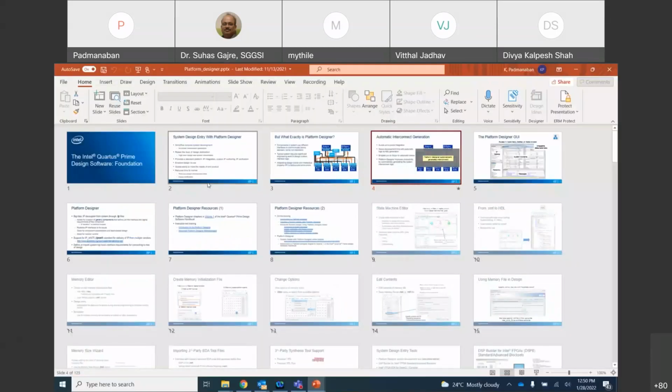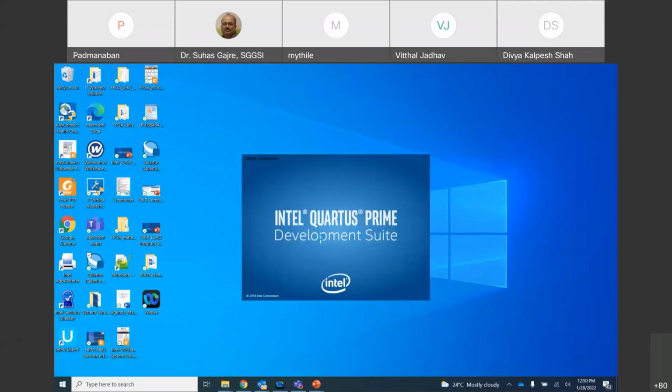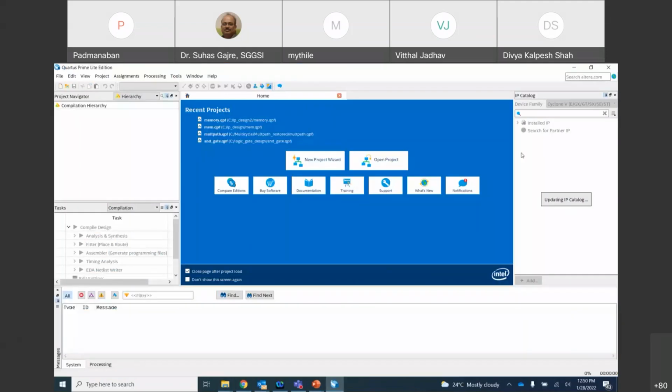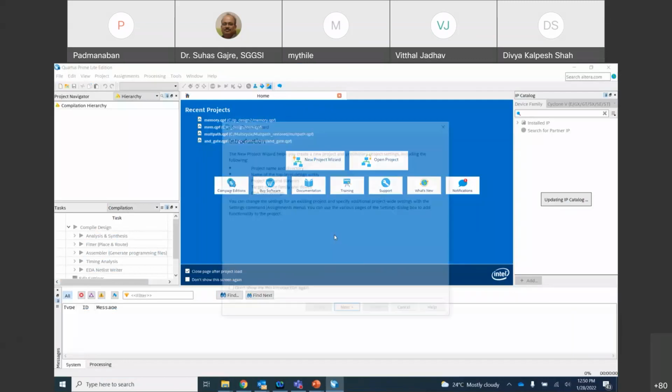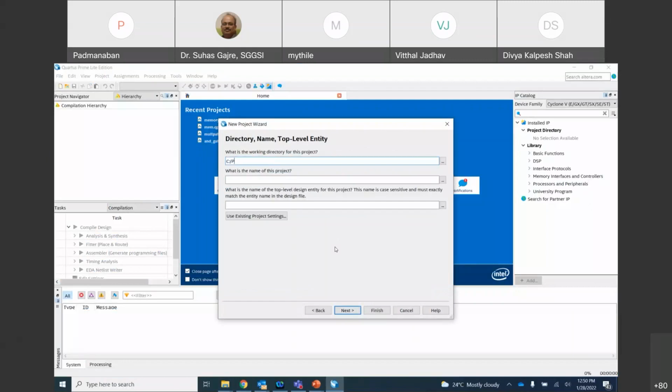So again, for this, I'll just show you a demo where you can also try it. We are not going to write any Verilog code, so we can easily try that. What we can do right now is create a new project. In the C drive, we could create an example called platform designer 1, something like that.